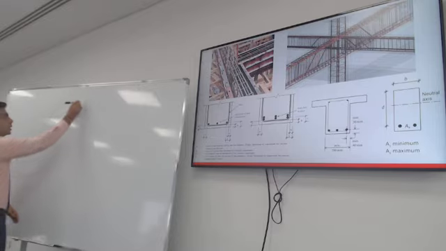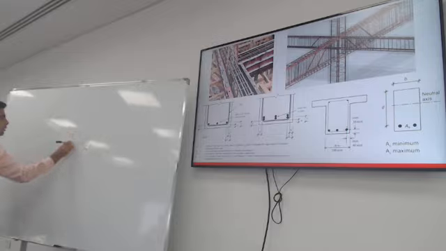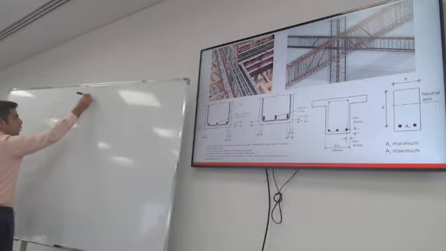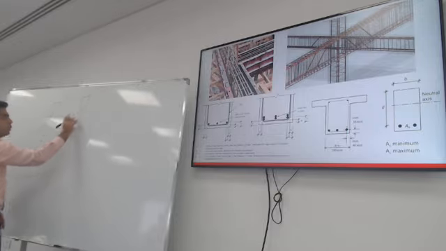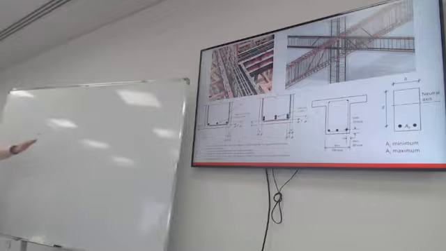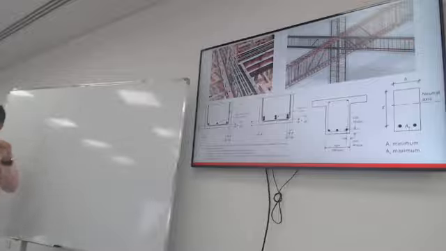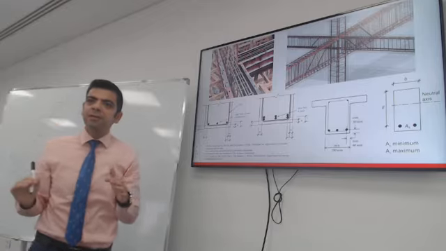So very quickly, the concrete will lose all the tension, and the part that is resisting compression is just the part above the crack, because concrete is strong in compression, very weak in tension.